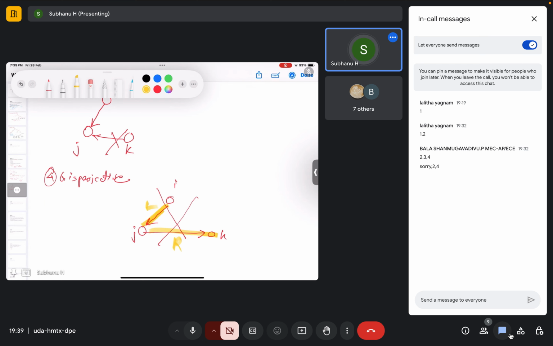So that's why this should not be the case. What it should be is like this: I, j, k should always be on the same side. Got it? That means the projectiveness.